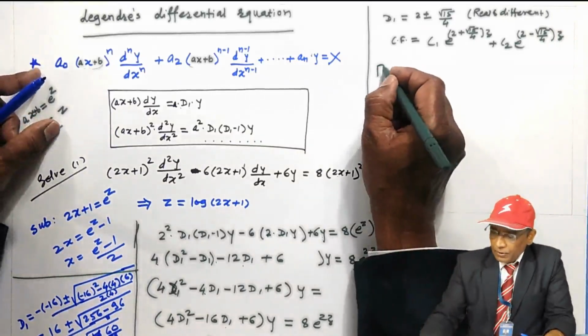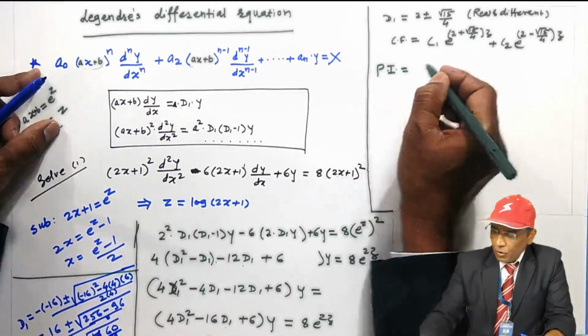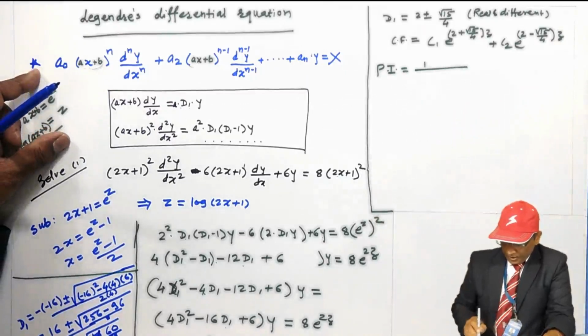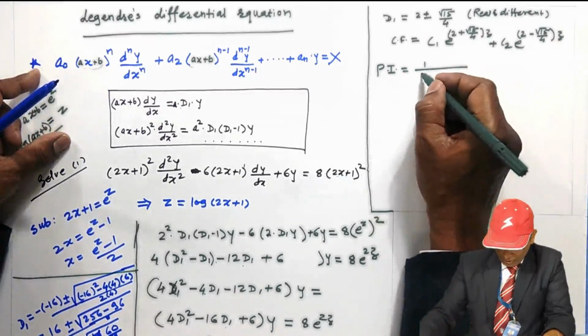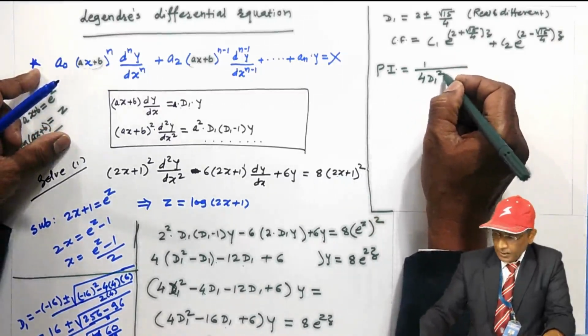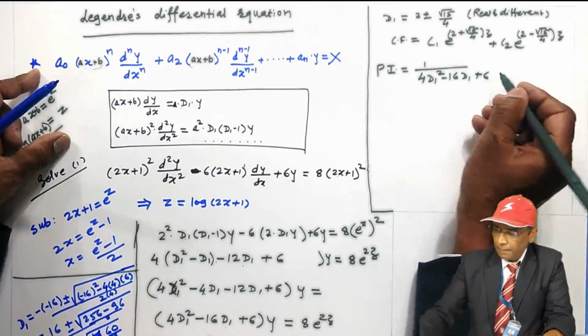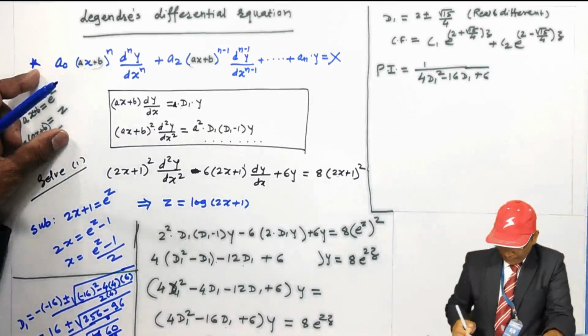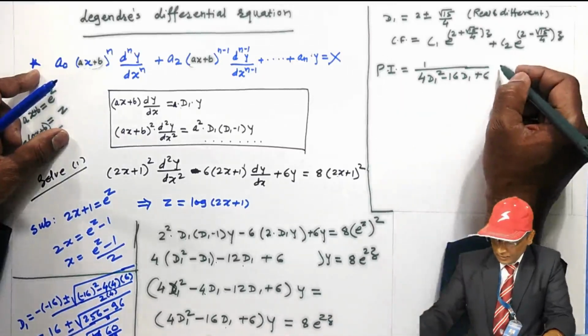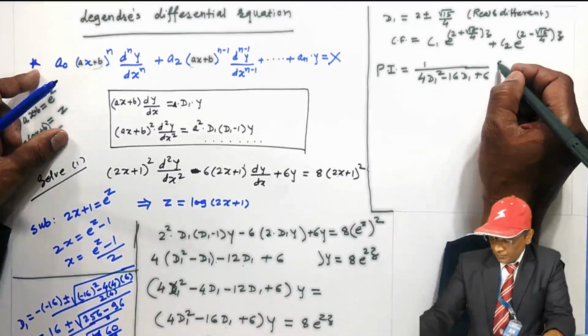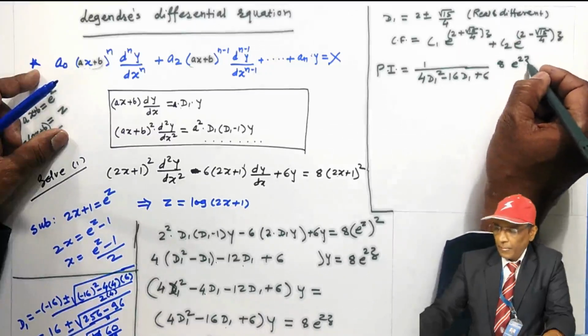Particular integral: the operator on the right hand side, 4 D1 square minus 16 D1 plus 6, okay, plus 6 on 8 e to the power 2z we have to operate.